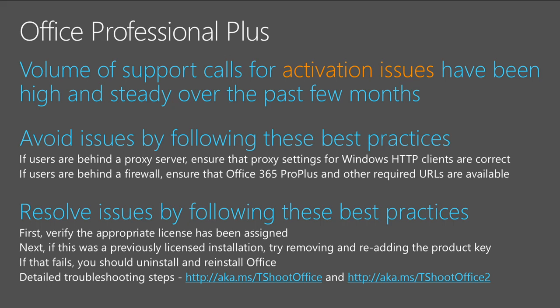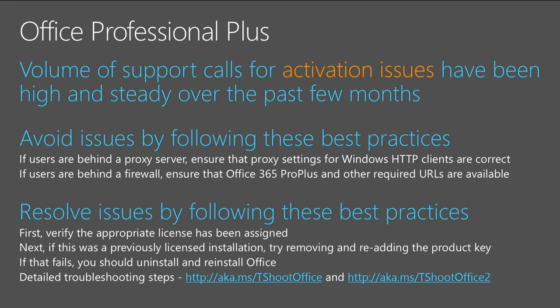Well, one way is, if the users are behind a proxy server, make sure that the settings for Windows HTTP proxy are correct. If they're behind a firewall, make sure that the Office 365 URLs and IP addresses are accessible, because if they're not, you won't be able to activate. The other thing that you're going to want to do, especially if you run into these issues, is verify that the license is good.